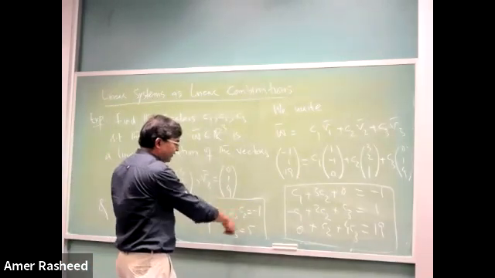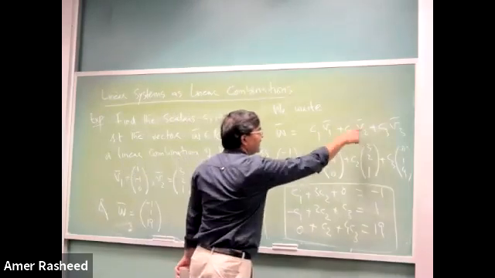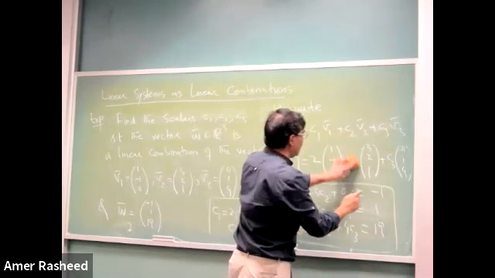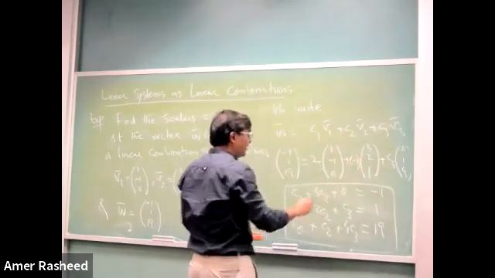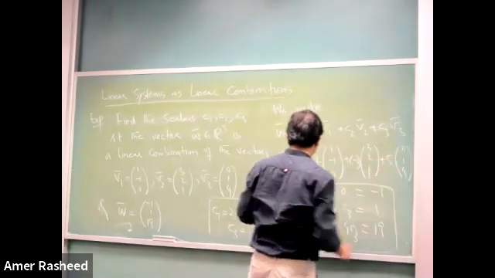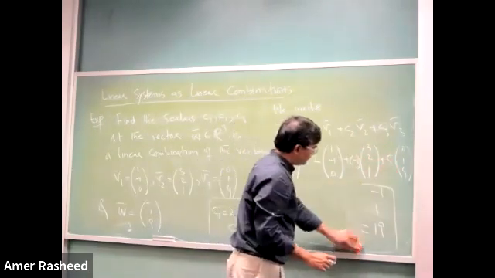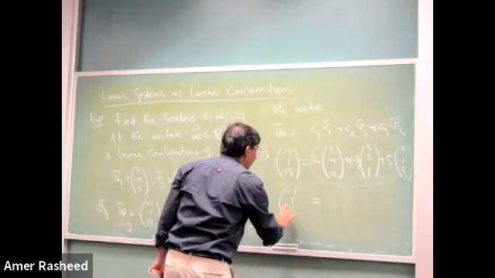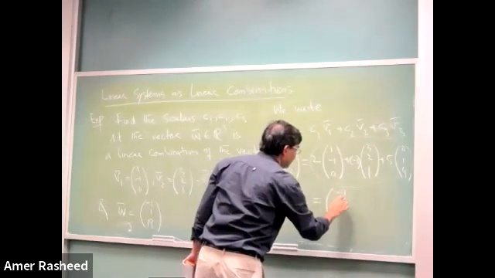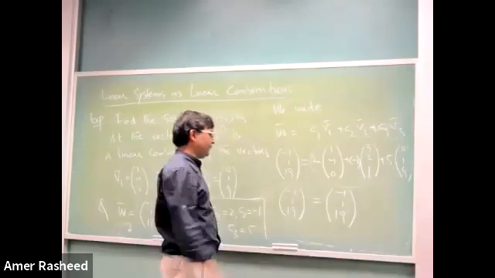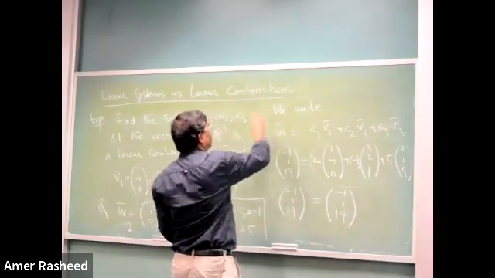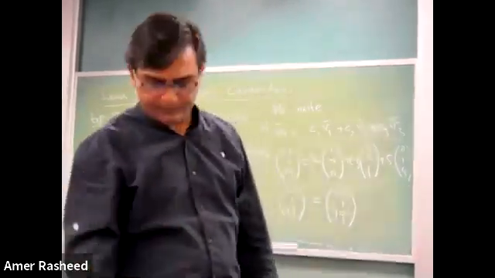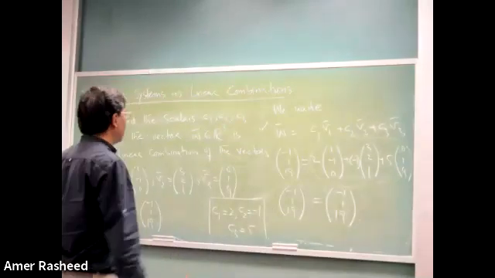Now, if you put these values in this linear combination, C1 is 2, C2 is -1, and C3 is 5. If you solve this side, you must get -1, 1, 19 is equal to -1, 1, 19. So it is true. It means W can be written as a linear combination of V1, V2, and V3. I hope you get it. If you have any question, you can ask.